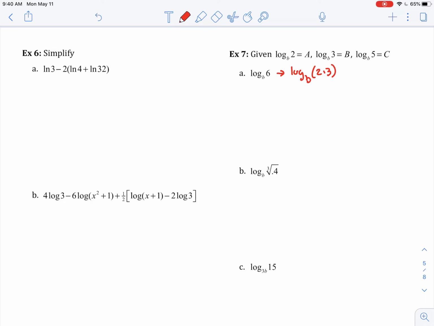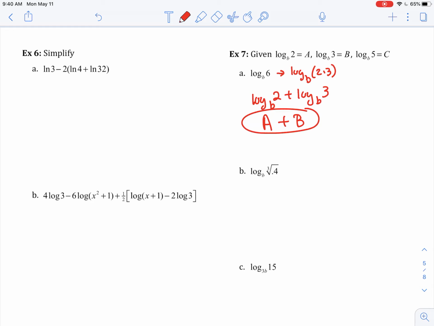And from our properties we were just discussing, a single log product is a log addition. We add our exponents when you're multiplying with a common base. So I can think of that as the log of 2 base b plus the log of 3 base b. And log of 2 base b is big A, and log of 3 base b is big B.